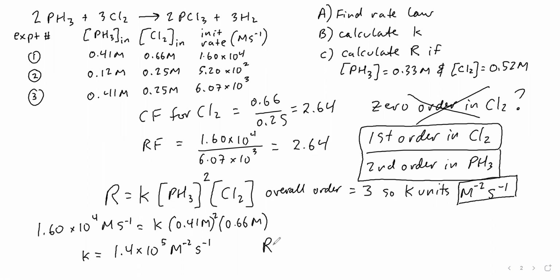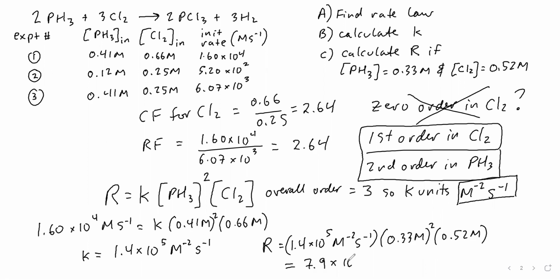So our rate in part C is going to be 1.4 times 10 to the fifth, and then we've got our 0.33 molar squared and our 0.52 molar Cl2, and we do the calculation, and the value that I calculated was 7.9 times 10 to the third, and the units for rates are always moles per liter per second.